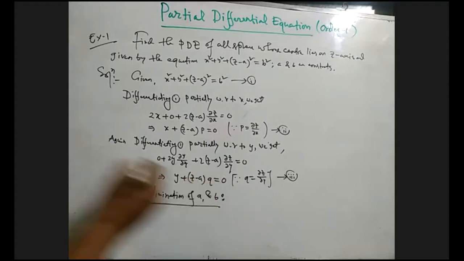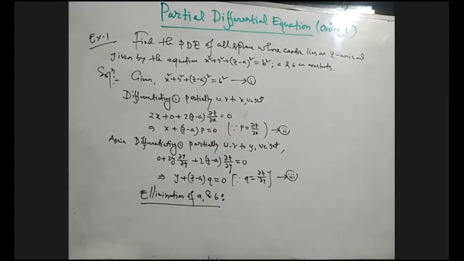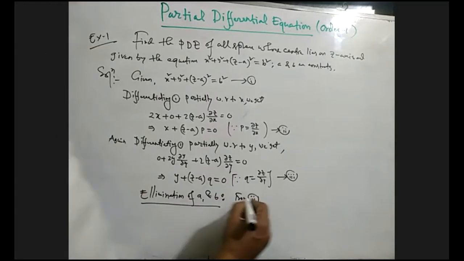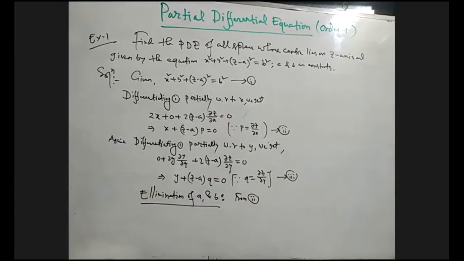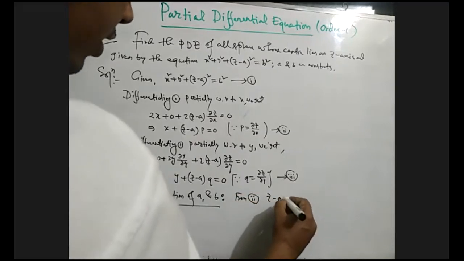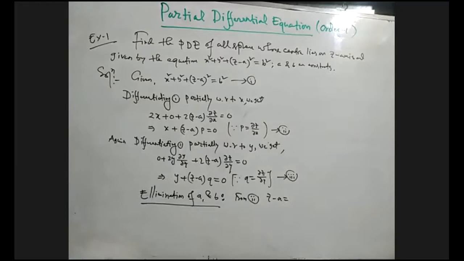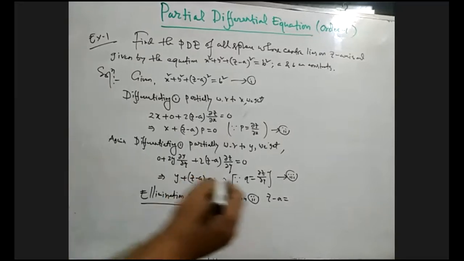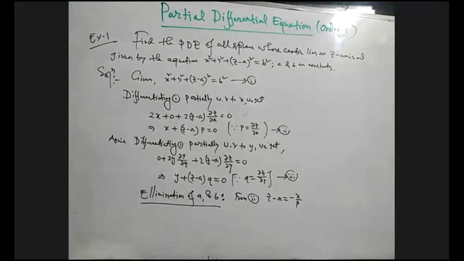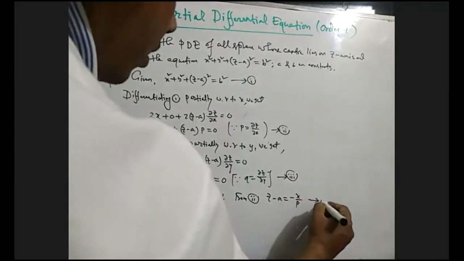Just eliminating the constants from equation 2, we can write z minus a equals, from equation 2, minus x divided by p. This is equation number 4.